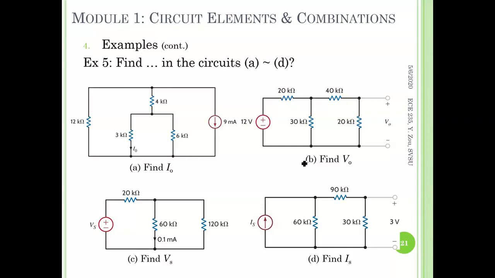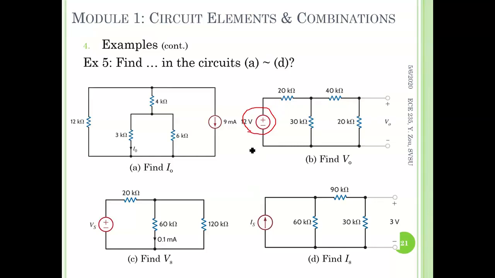Now let's see circuit B here. Based on circuit A analysis, we should be able to open our mind to an idea that as long as we are seeing only one independent source, we might want to think of voltage or current divider as one of the solutions, at least. Here, be careful. It must be one independent source. No more than that. If you have two independent sources or even more, you can't do that directly.